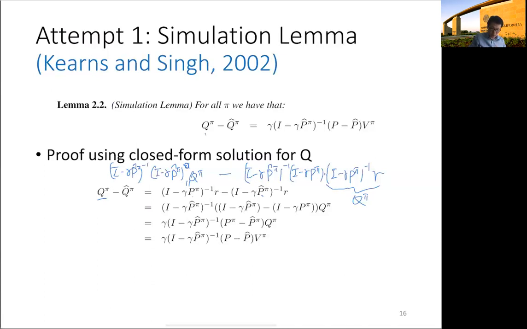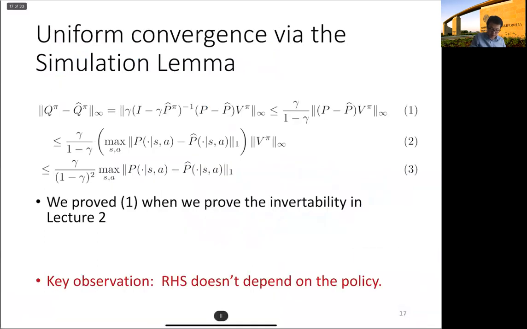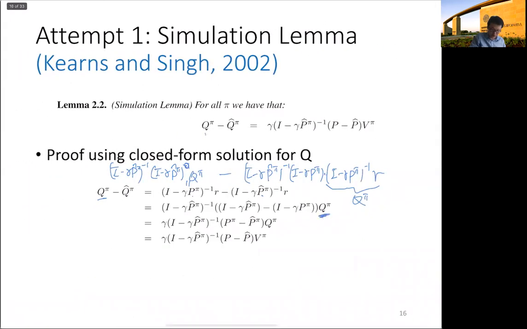So now by grouping these two together, I can extract the common Q pi function here, and extract the leading term here. What remains is the difference between this and that, and that's how I get this term in the middle. Okay, I hope that's clear. The identity matrices cancel with each other. I'm extracting out this gamma, and in the middle I get this P pi minus P hat pi.